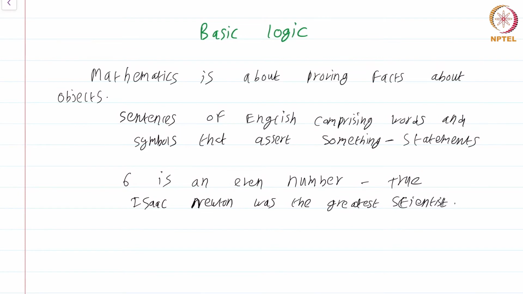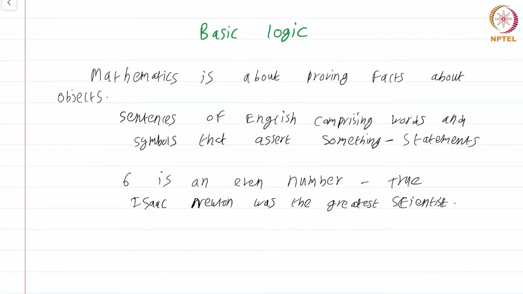Now you might ask, well, why is 6 an even number? That's a fair question. Mathematics essentially defines what 6 is, and defines what an even number is. Then it is the goal of the mathematician to show that 6 is an even number.